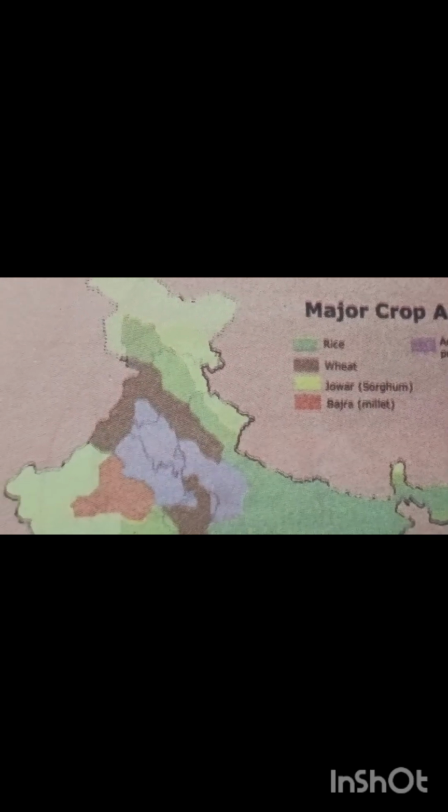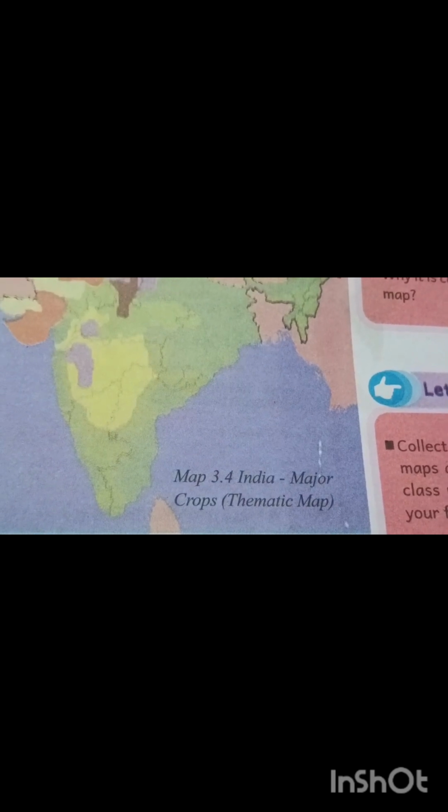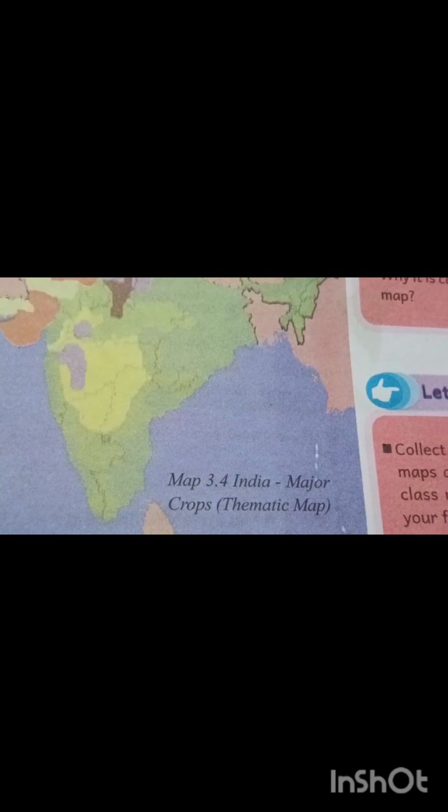If you observe the total India map given here, it only indicates the crops and the growing areas. So this map we call a thematic map. India's major crops are shown in this map.